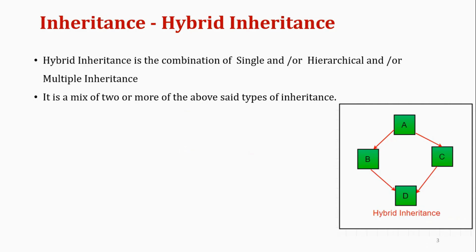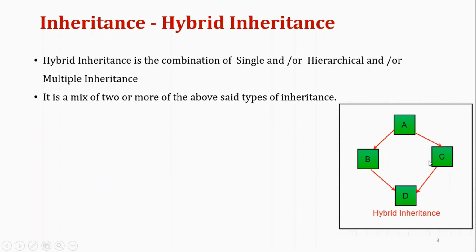Hybrid inheritance is the combination of any two of the inheritance types we discussed earlier: single, multiple, multi-level, and hierarchical. A combination of any two of the above makes hybrid inheritance. It is a mix of two or more of the above types.